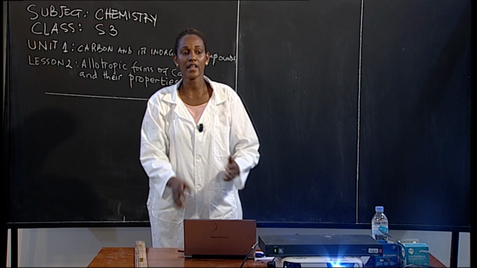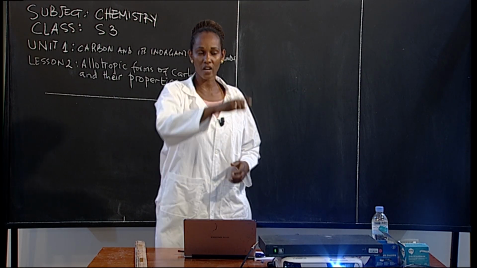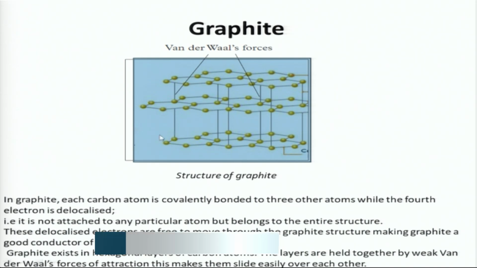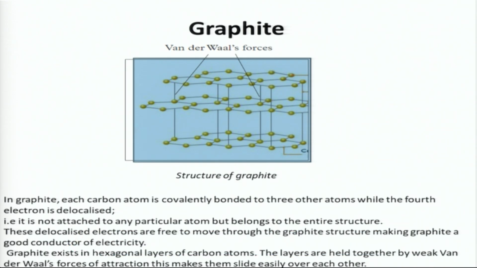So graphite exists as hexagonal, all right? If you look at the structure of graphite on the slide, it is hexagonal. You remember for the case of diamond, it is tetrahedral. But this one is hexagonal because 1 carbon is bonded to 3 other carbons, as you see from the slide.